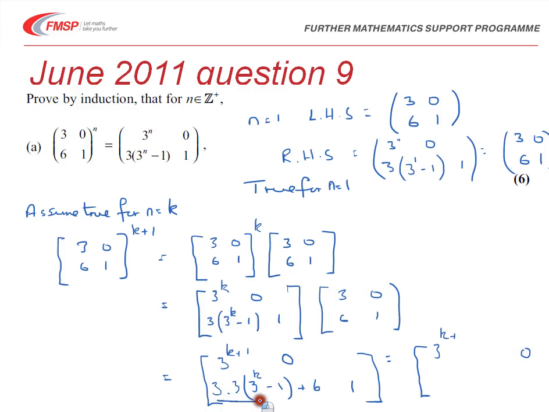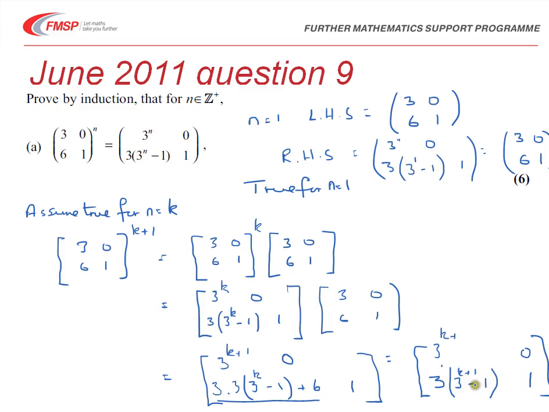This expression we can write as 3 times, we take the 3 into here, we'll get 3 times, and then we've got bracket 3 to the power k plus 1 minus 1. And then finally a 1 in that element there. So just checking that out. From here we've got negative 9 plus 6 giving you the negative 3. So there's the negative 3 in our bracket. So there's our matrix then, written in the form that we want.